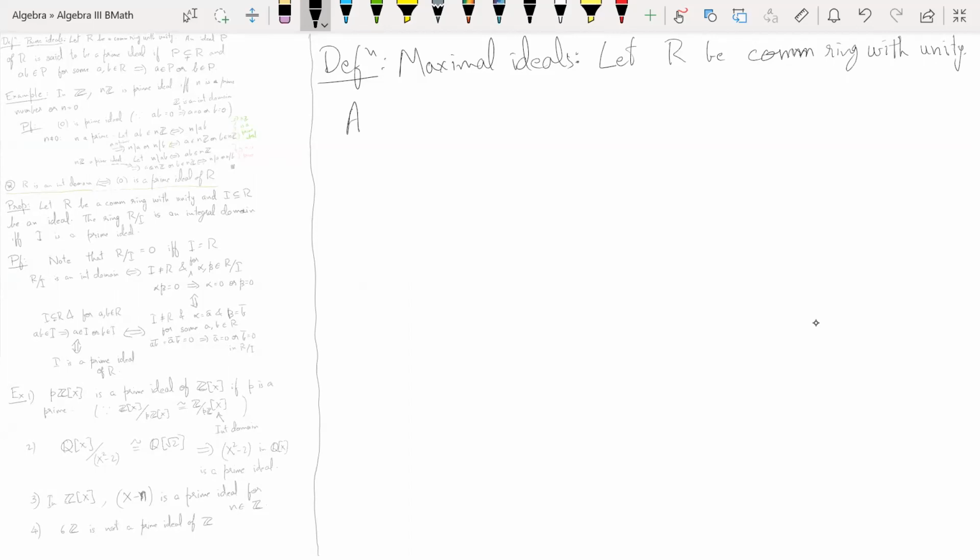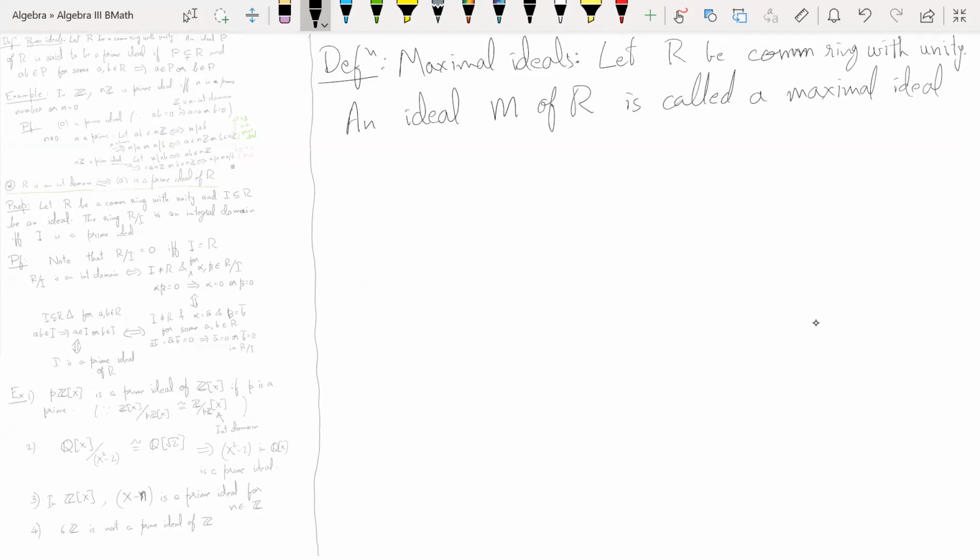An ideal M of R is called a maximal ideal of R if it is maximal in some sense.